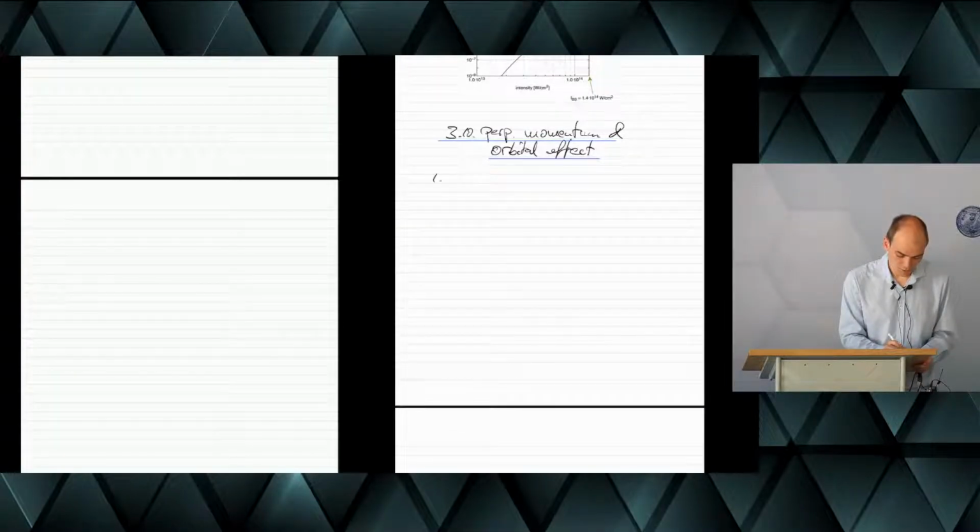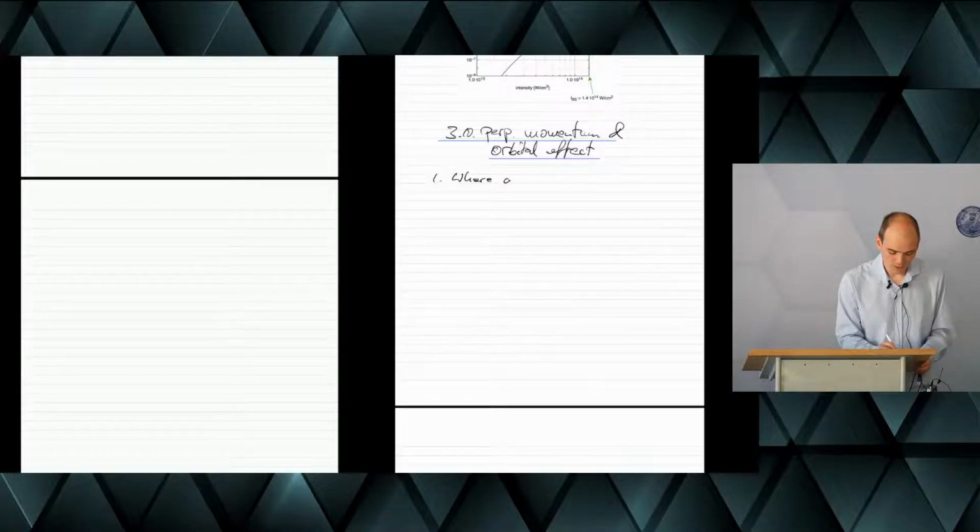The motivating question is, where does the momentum perpendicular to E originate from?